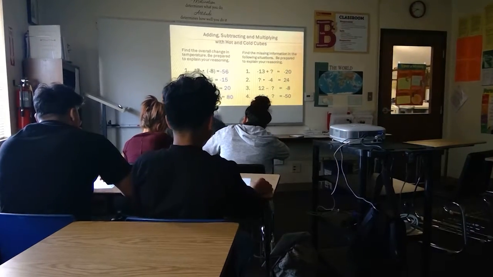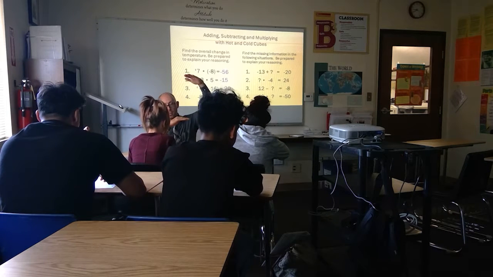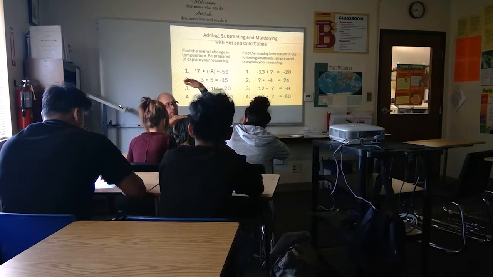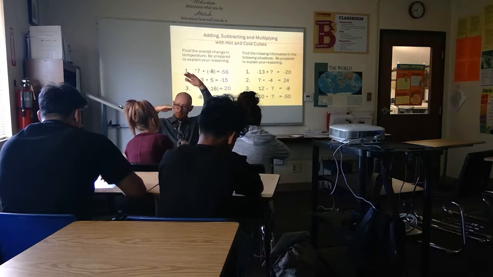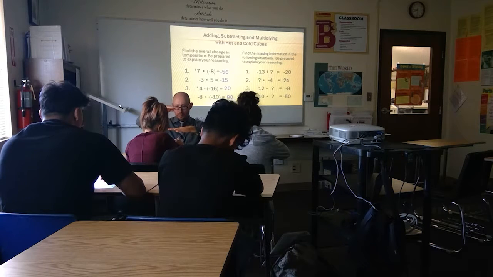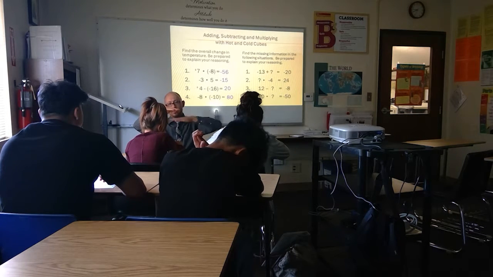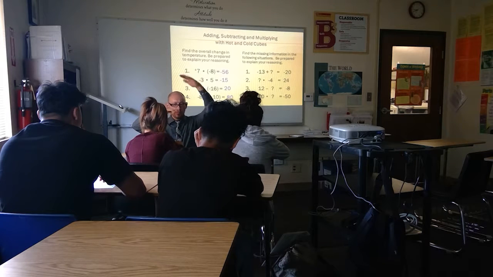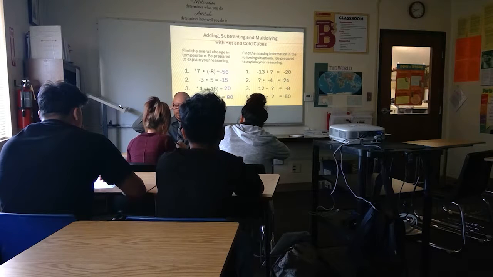So when you put in hot, what happens to the temperature? It goes up, okay? So we're up at 12. And then we need to go down 8. Where's down 8 from 0? Down here. Okay, yeah, that's a good spot. So we're at 12, and then we went down 8. How much do you have to go down to get to 0? 12.